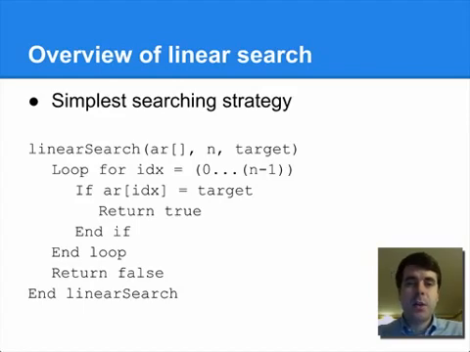And that's exactly what you see in the pseudocode here. If the if statement is true, then we've found the thing that we're looking for and we should return true. Otherwise, if the loop reaches the end and actually quits, then that tells us that we didn't find what we were looking for, so we should return false. That's how linear search works. It's pretty much the simplest searching algorithm you could possibly come up with.